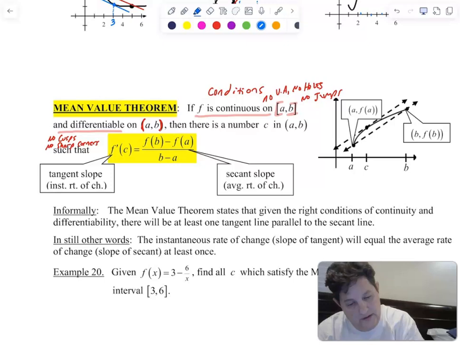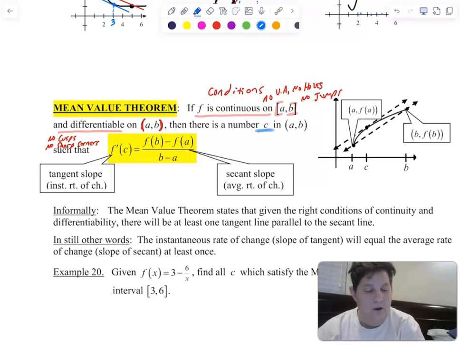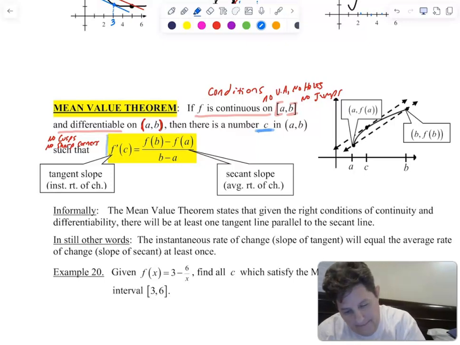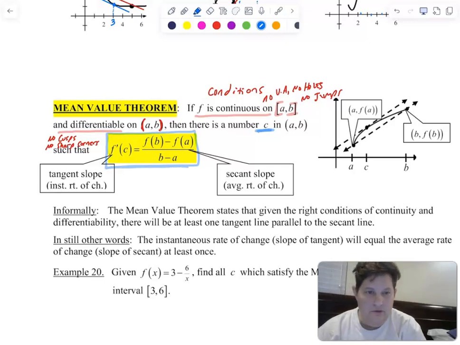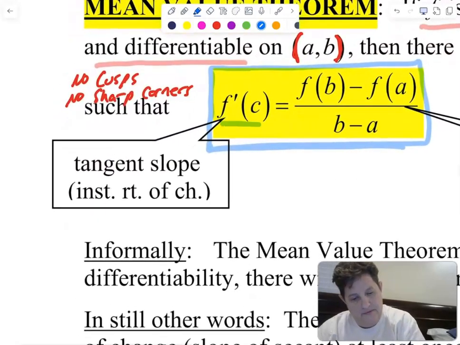There's a number C somewhere in the interval. We could find a number, at least one number, there could be more, where f prime of c equals f of b minus f of a over b minus a. Okay, so you should be thinking right now, what on earth does that mean? This represents the slope of the tangent line, or the instantaneous rate of change.